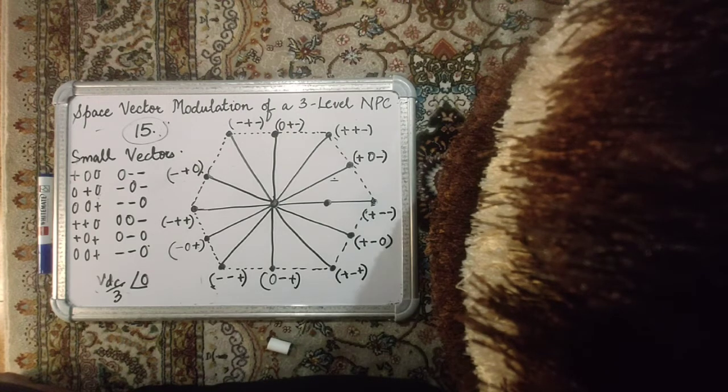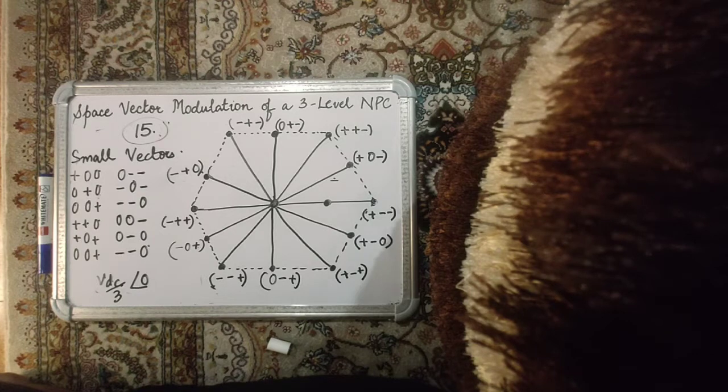This is one of the most interesting features of multi-level converters, that there is redundancy in switching states. That means the same output is produced by more than one state, depending upon the type of topology and the number of levels. Sometimes more than 2 switching states can give you the same output.